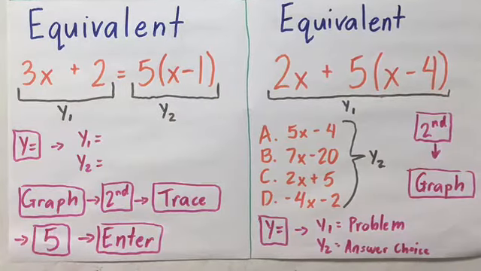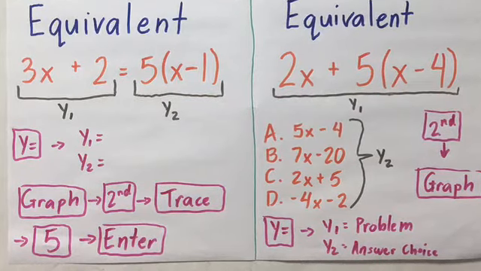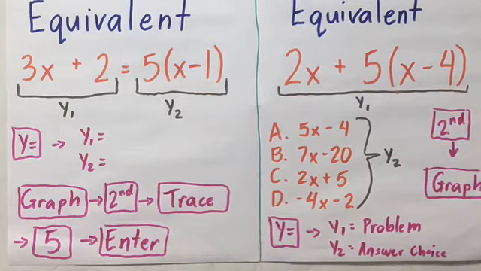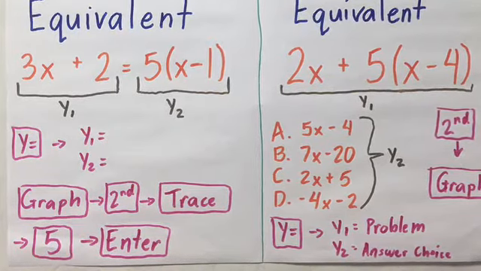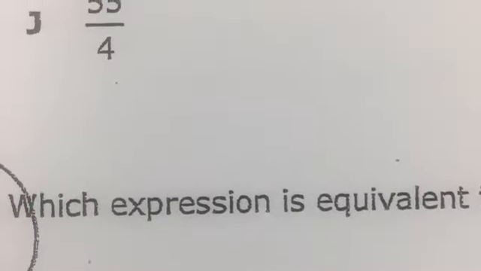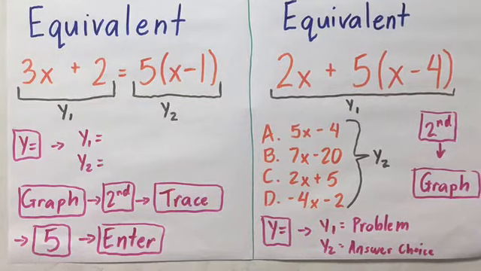All right, last but not least, we want to look at an example where we can use the calculator to find equivalent expressions. For example, which of the following expressions is equivalent to 2x plus 5 times the quantity of x minus 4?